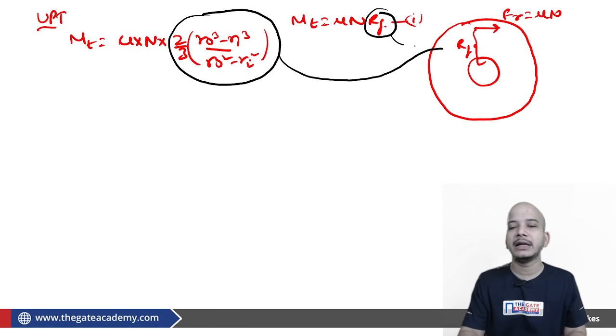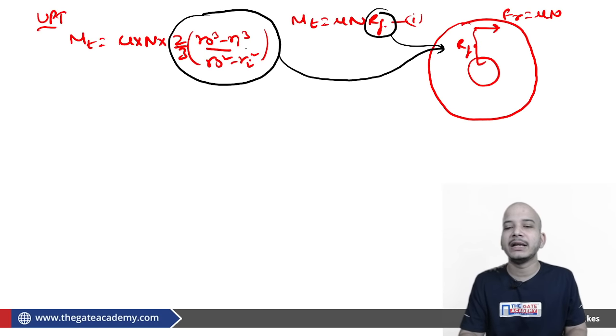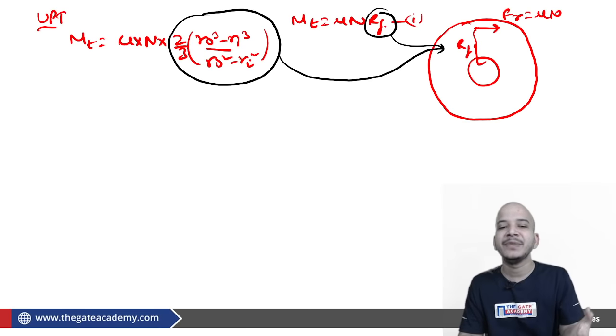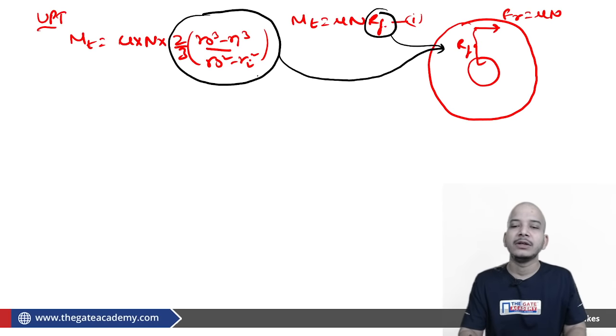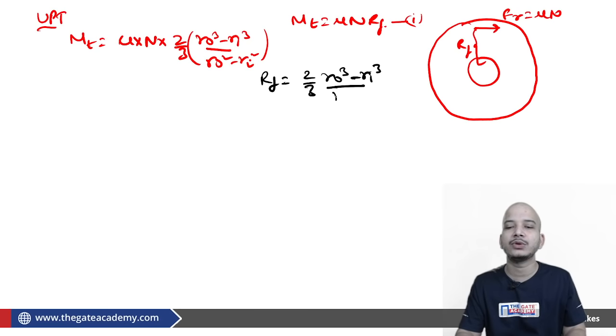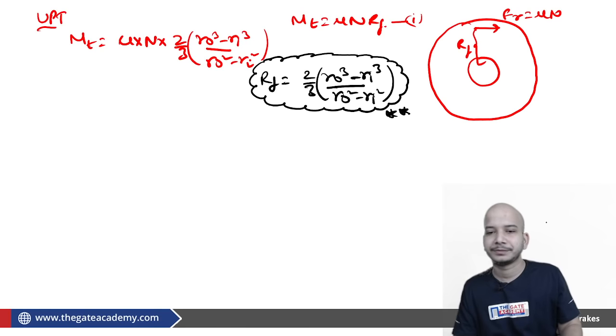So you can say that N can be assumed to be acting at a distance 2 by 3 into (Ro cube minus Ri cube) upon (Ro square minus Ri square), and corresponding to that the friction must be acting over there, and the friction torque is mu into N into Rf. This is something you have to memorize: Rf for uniform pressure theory is equal to 2 by 3 into (Ro cube minus Ri cube) upon (Ro square minus Ri square). This relation is very, very important.